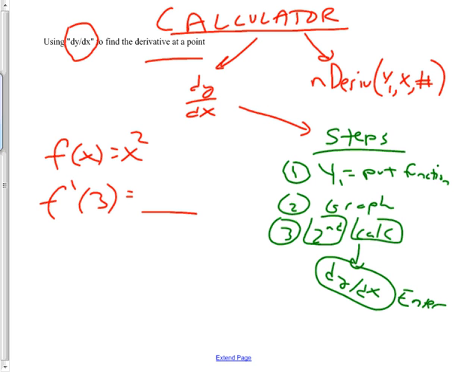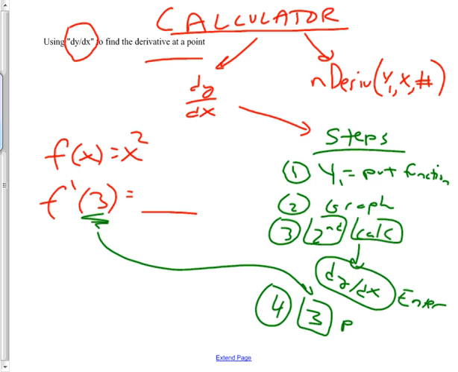Once you press enter, you're going to put in the number 3, because we're trying to find the derivative when x equals 3. Really simple, 4 steps. Let's look at how it works.